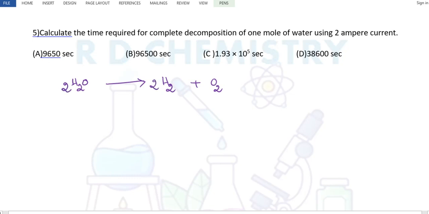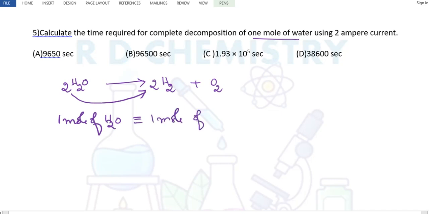Now they have given 1 mole of water. Now see here, 2 moles of water will give 2 moles of hydrogen gas. Therefore 1 mole of H2O is equivalent to 1 mole of H2. Now we also assume this reaction: 2 moles of H plus will take up 2 moles of electrons to give 1 mole of hydrogen gas.